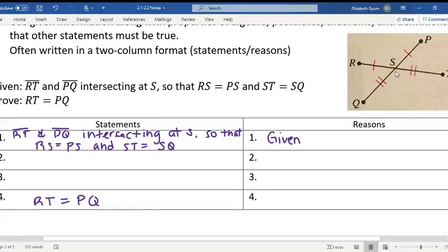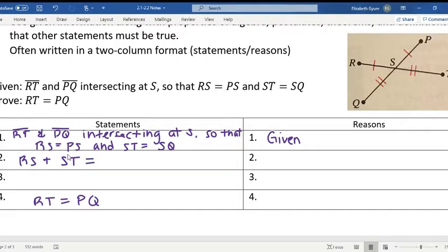According to our addition property, we're allowed to add equivalent measurements. So if I start with an equation, technically this is an equation here: measure of RS equals the measure of PS. Well, what if I took my measure of RS and I added the measure of ST to it?